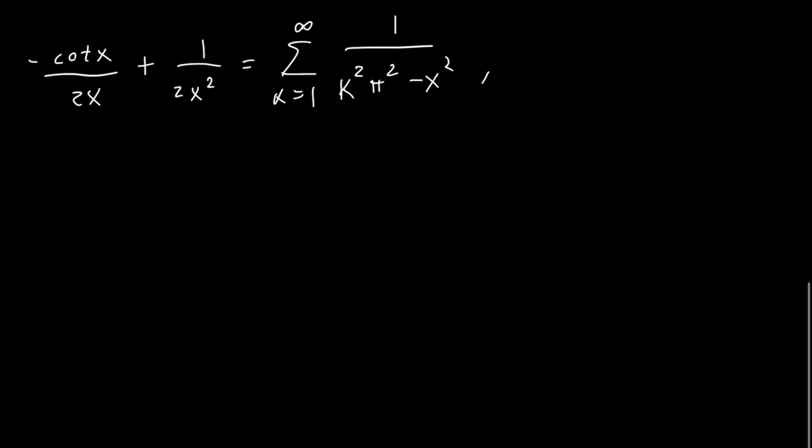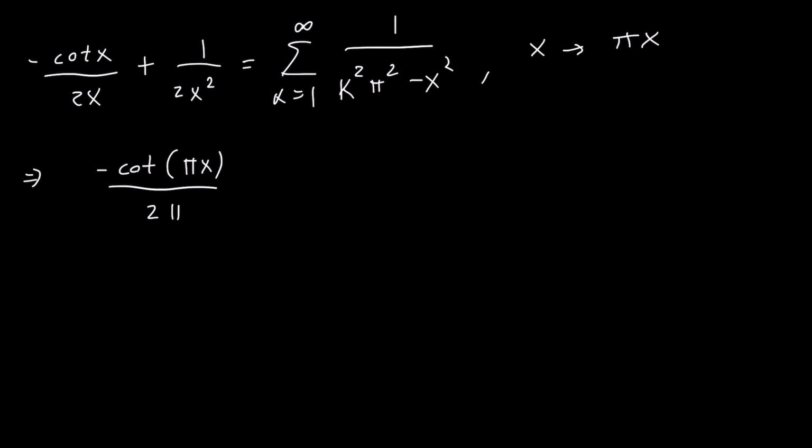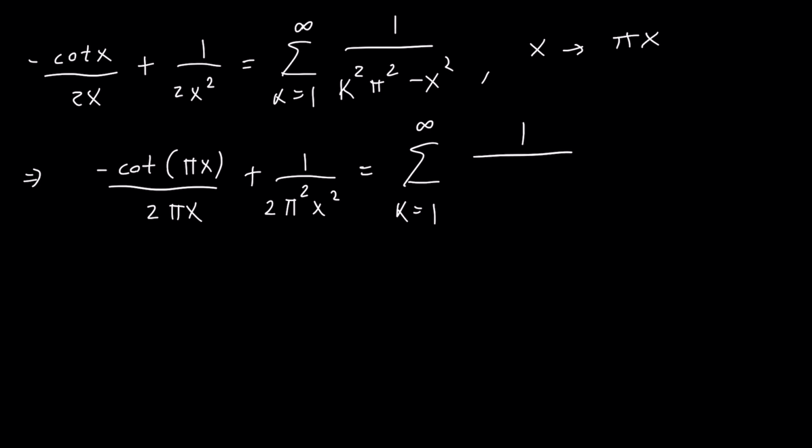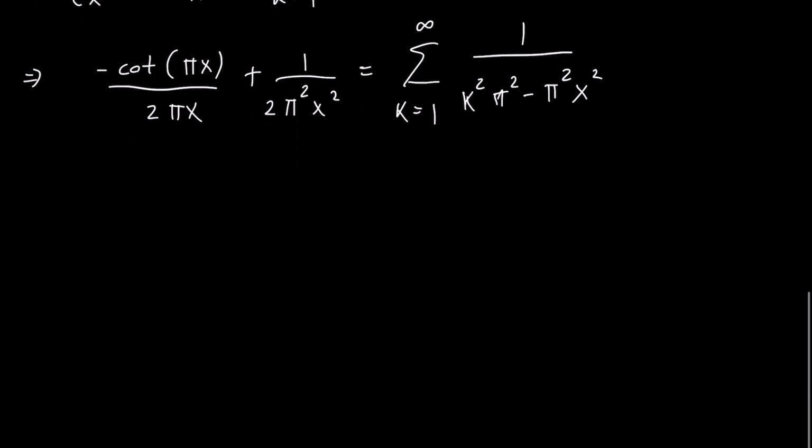And then from here, we'll make a transformation from x to pi x, which gives the following. We have a minus cotangent of pi x over 2 pi x plus 1 over 2 pi squared x squared equals the sum from 1 to infinity of 1 over k squared pi squared minus pi squared x squared.